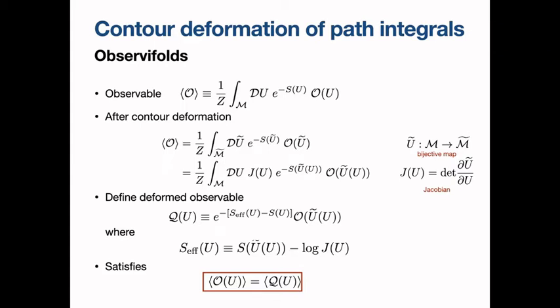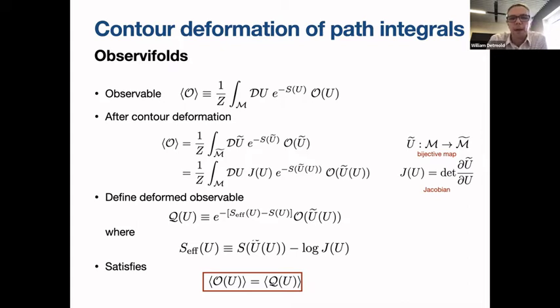Okay. Now, if you look at this second line here, you can see that because this is an integral over the original degrees of freedom on the original manifold, I can think about this as that there is a deformed observable Q. So I'm going to multiply by a combination. I'm going to put back in the original e to the minus S of u and remove the S of u twiddle by defining this into my observable.